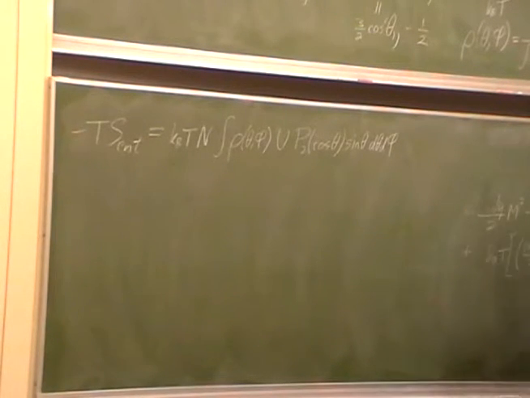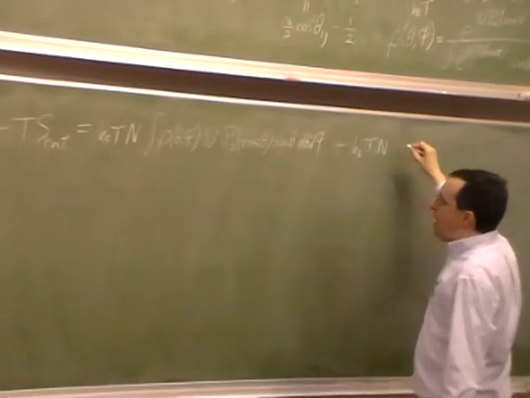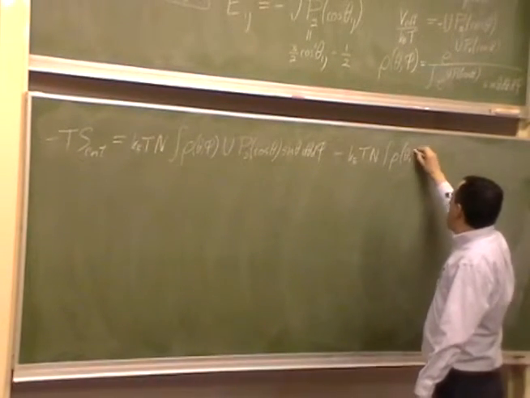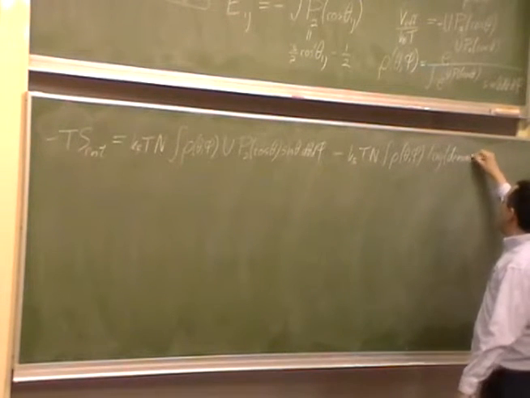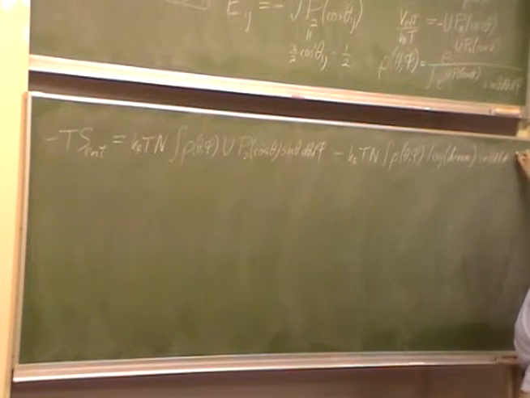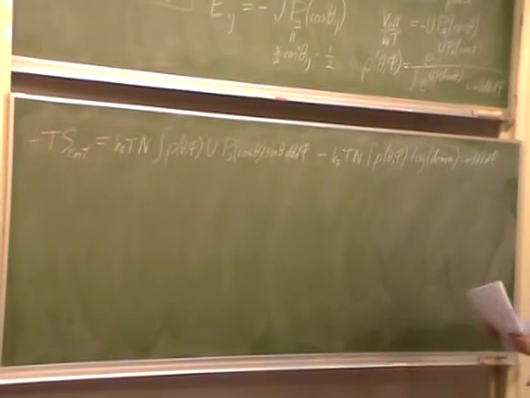And then I'll have the denominator part, and so that makes a minus kTN integral of rho times the log of the denominator. Each of these things simplifies reasonably well.